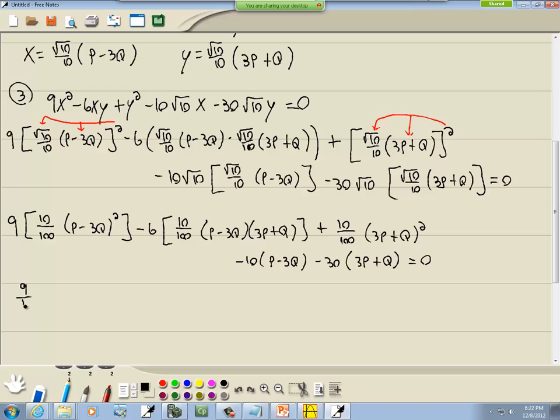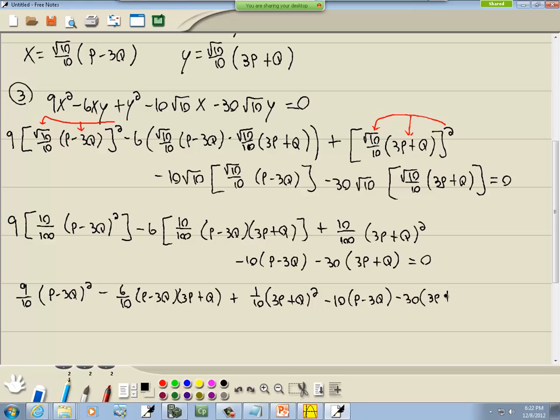So I got 9/10 times p minus 3q squared, minus, this is 1/10 times 6 gives me 6/10, times p minus 3q, and then 3p plus q. That gives me 1/10. So I got 1/10 times 3p plus q squared, minus 10 times p minus 3q, minus 30 times 3p plus q.